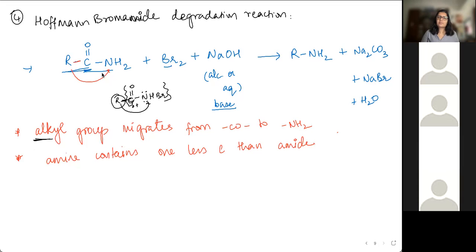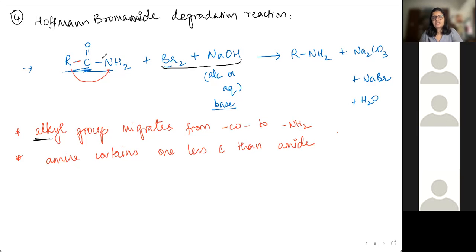Again, the base comes into the picture, and a whole lot of things happen, and after final hydrolysis you end up with an amine. It's a very, very long mechanism. But the main thing is that the combination of bromine plus NaOH forms a bromamide, CONHBr.